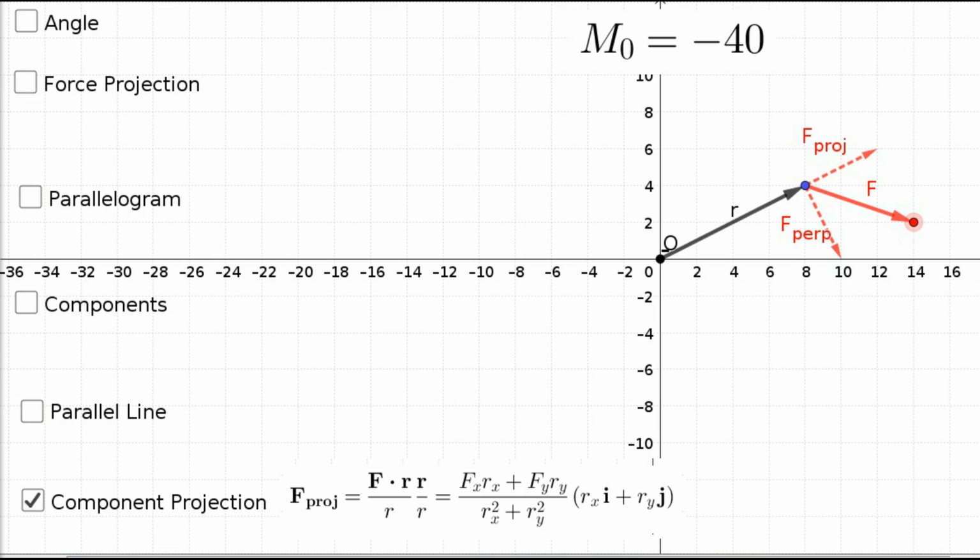Here, a bold letter is the vector form of the force, and the vector form of the position R, and a non-bold is just the magnitude of R. So we have F dot R over R to get the magnitude of the projection, and then this vector R over R to get the direction of the projection vector.